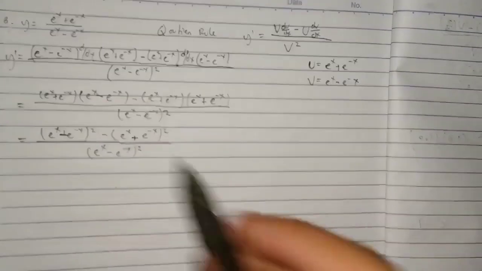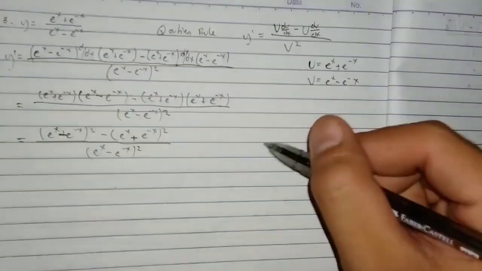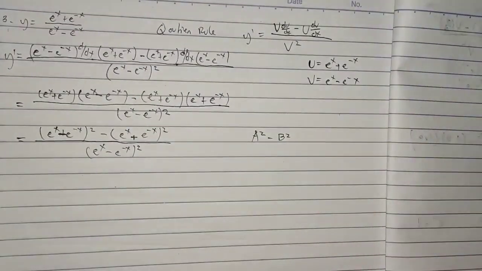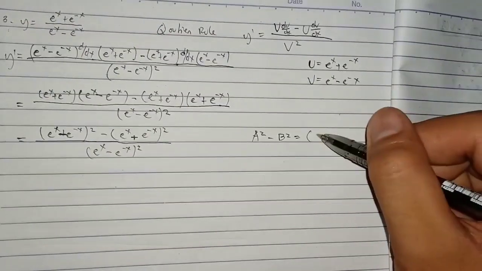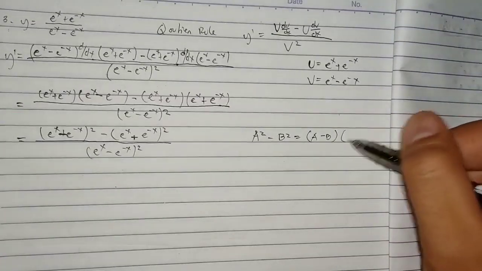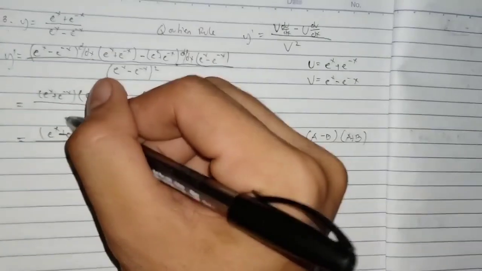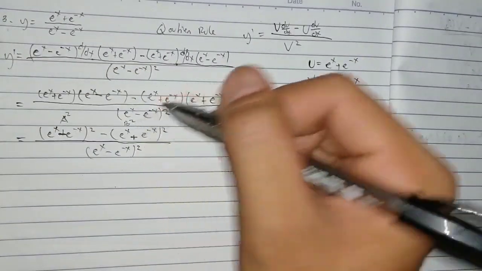Notice that this expression is in the form of a squared minus b squared, and a squared minus b squared is just equal to a minus b times a plus b. So this is our a squared and this is our b squared.